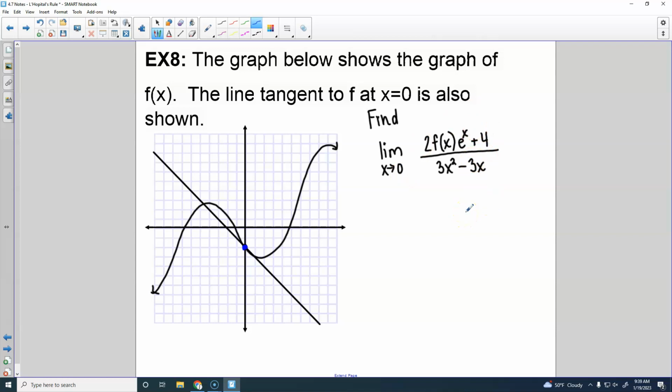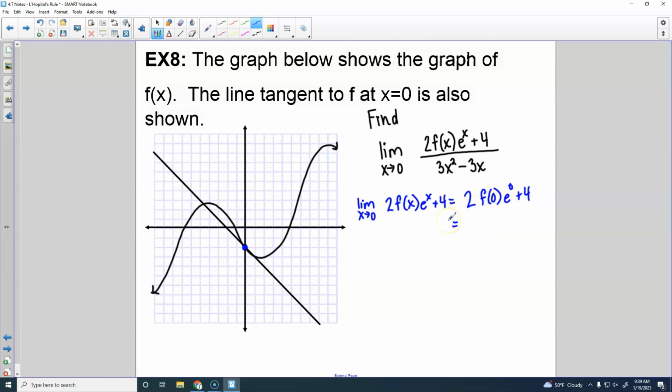So I'm going to show you another option for a problem particularly like this where you may actually need to show the work. So instead of saying it is of the indeterminate form 0 over 0, because I really don't know if it's of 0 over 0 yet, I could do the limit of the top and say that would be 2f of x e to the x plus 4, which would be 2 times f of 0 e to the 0 plus 4.